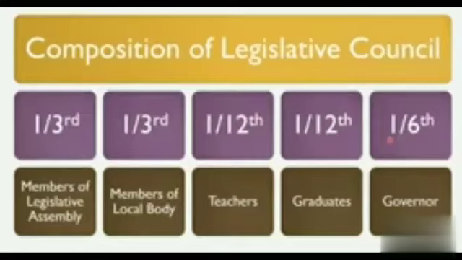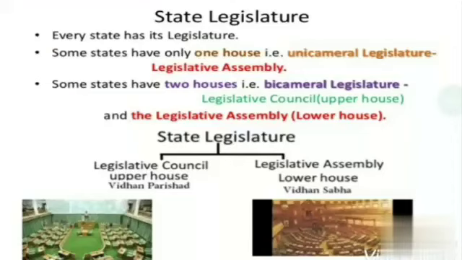Another one twelfth are elected by persons engaged for at least 3 years in teaching in educational institutions within the state. The last one sixth are nominated by the governor from the fields of art, science and literature. In the legislative council, members are not directly elected by the people.